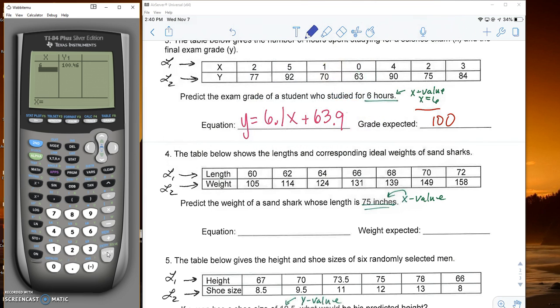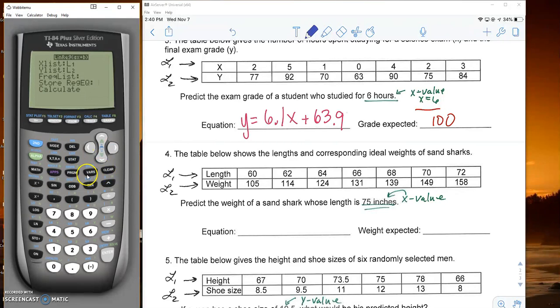Okay, so problem 4, we are talking about the length of the table. The table below shows lengths and corresponding ideal weights of sand sharks. So we have lengths and weights. They want the equation, and they want us to predict. So again, stat edit, we're following the exact same steps, just doing them multiple times. So stat calc 4.